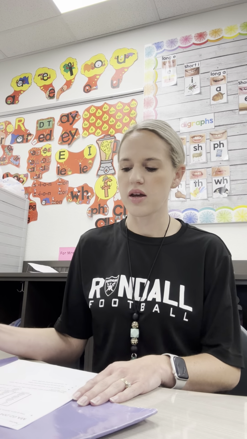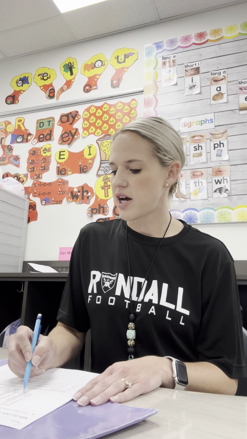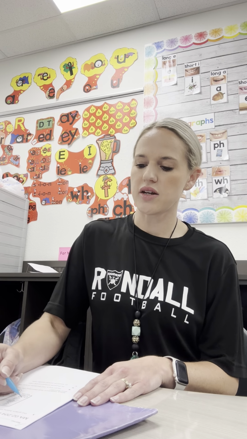Okay, on these graphs, I always make sure we look at the key first, and then I have them put what each picture, each image equals. They put that beside each image on the graph, and if it's a half, they've got to decide what is half of whatever the key is. Do you have them count on, like when they count vanilla, like 10, 20?